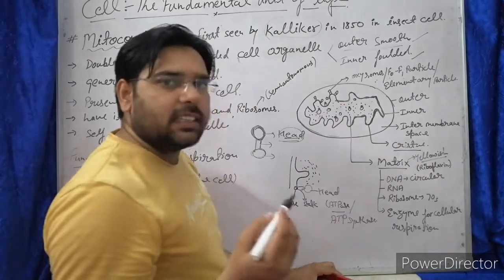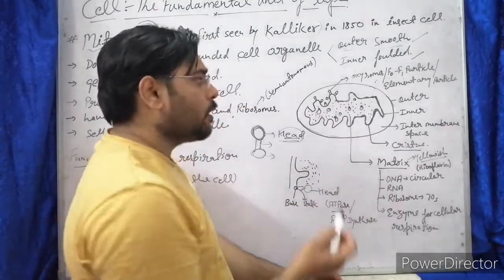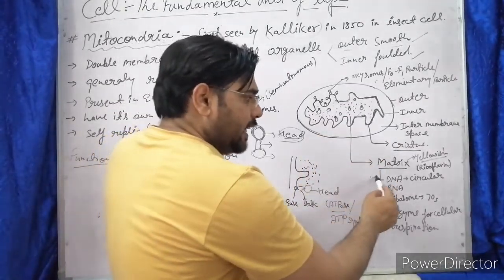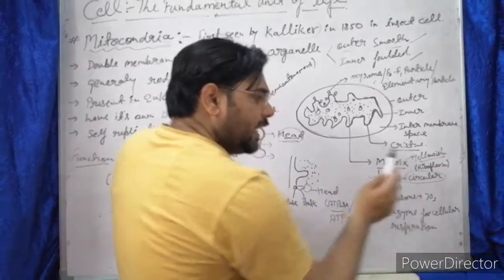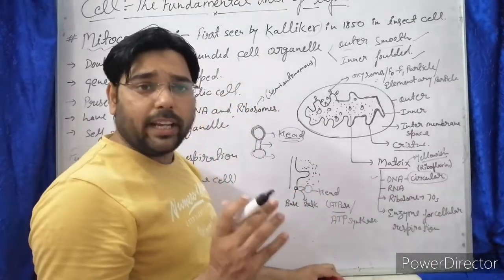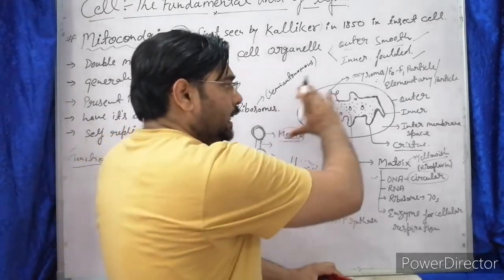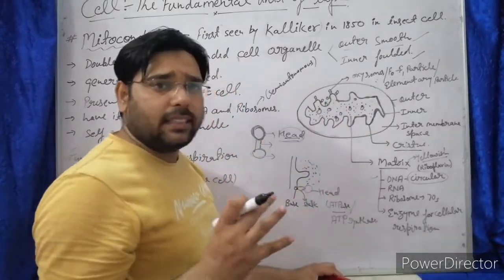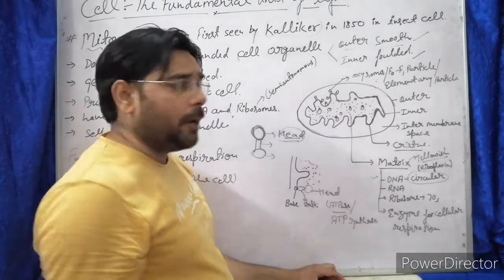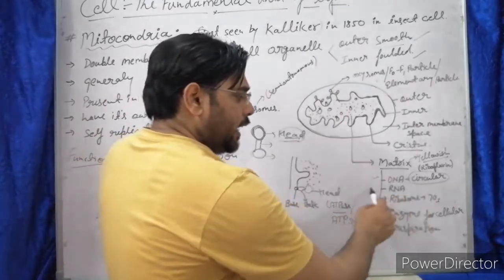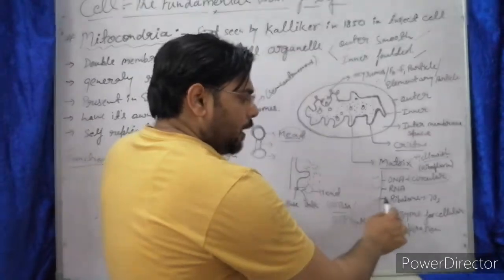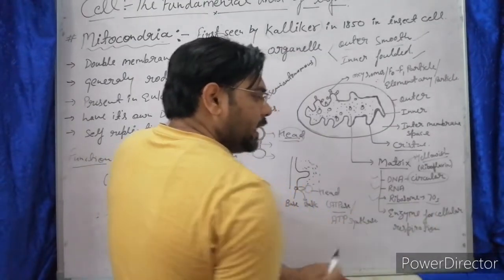The matrix has a single circular DNA, just like a prokaryotic cell. Basically, the mitochondria resembles a prokaryotic cell. It has circular DNA, its own RNA and 70S ribosomes.